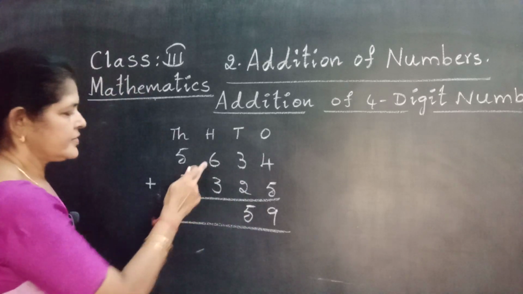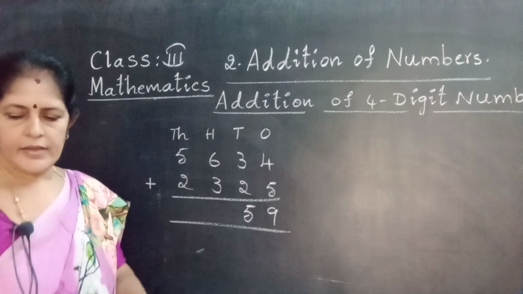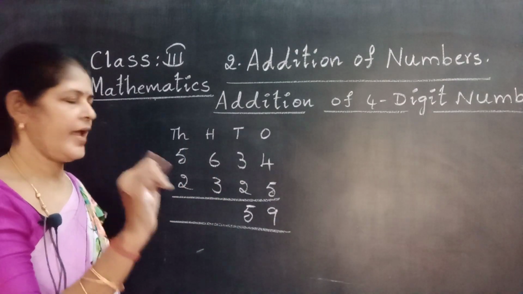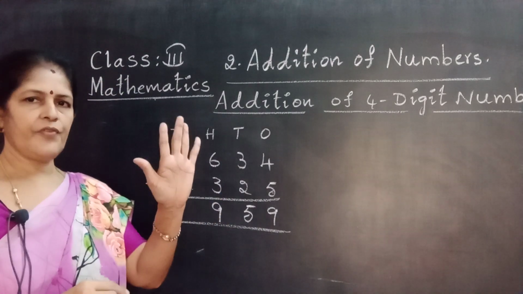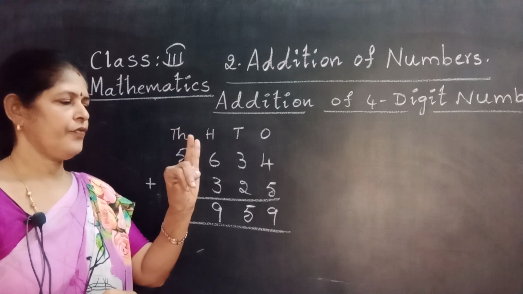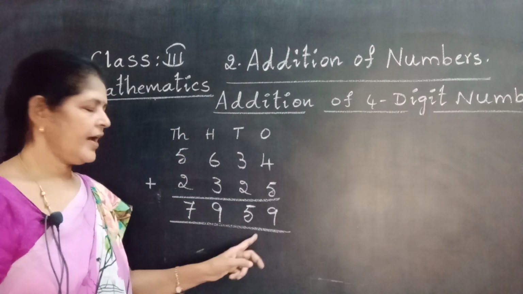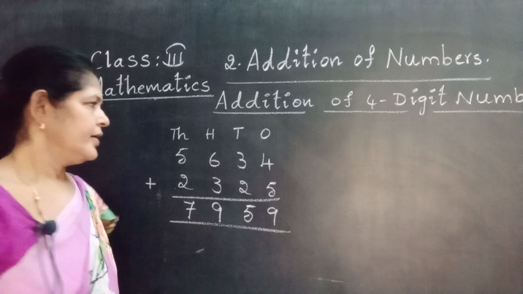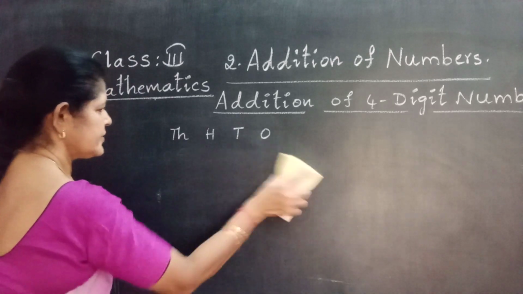Now hundreds, 6 plus 3, take 6 fingers, 3 after, 7, 8, 9. Now adding thousands, take 5 fingers, 2 after, 6, 7. What is the total? 7,959, without regrouping.